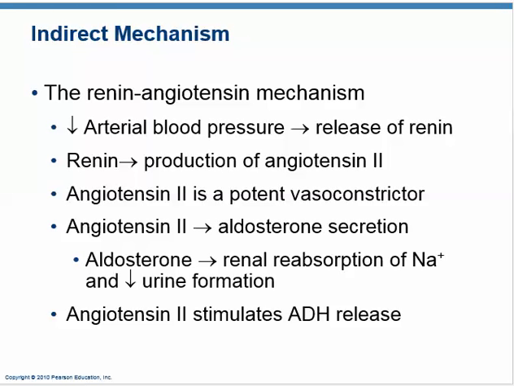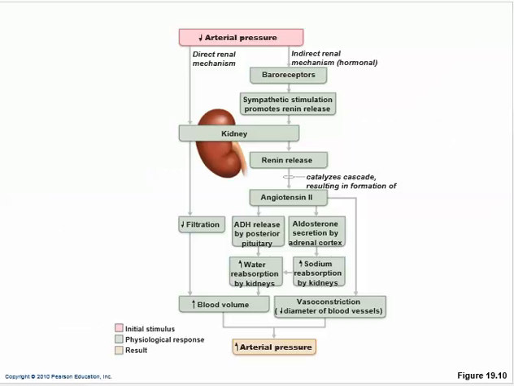Reabsorbing more sodium causes more osmosis, which means you reabsorb more water, which means you have less urine, and your blood pressure goes up. And angiotensin 2 stimulates the pituitary gland to release antidiuretic hormone, which causes you to reabsorb more water at the kidneys, which means that your blood pressure will go up. So it all seems to come back to the kidneys, even through the antidiuretic hormone.